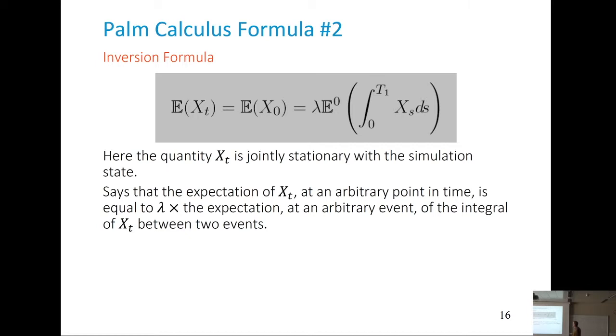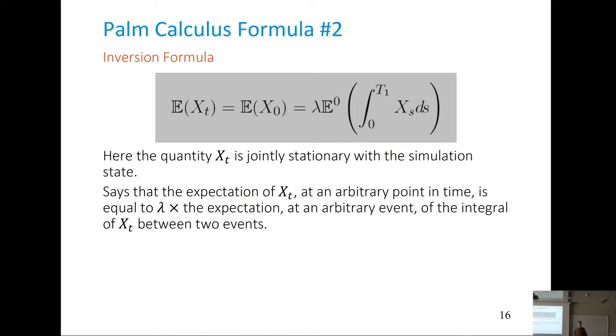So what we do here is the integral of the value of x. If we divide by t1 minus t0, we would have the time average value of x between two transitions. So you take this, you look at the average at an arbitrary transition, and then since we did not divide by the interval, you multiply by lambda, which in some sense takes care of renormalizing here.